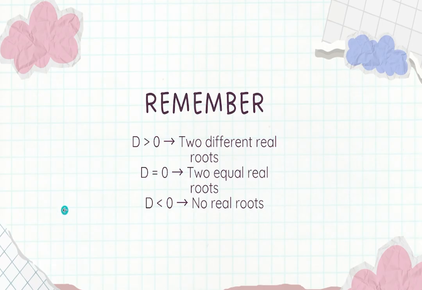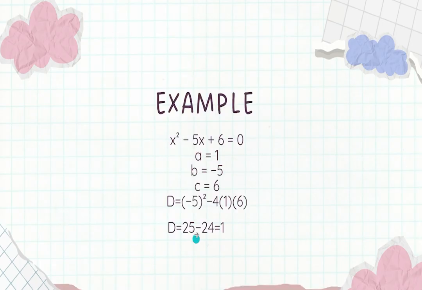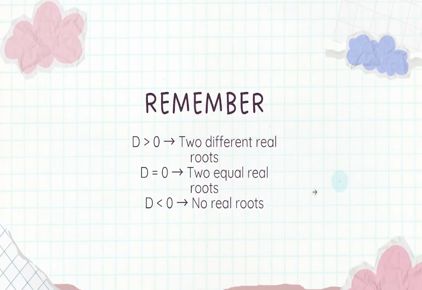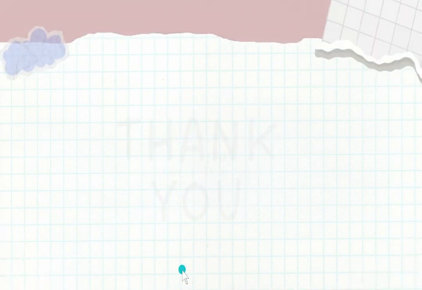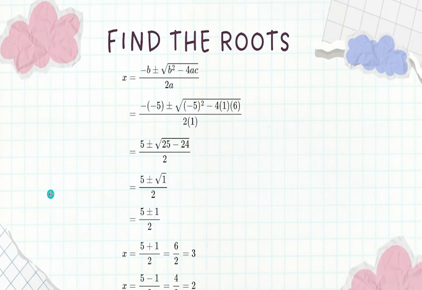And when we did here, we got D is equal to 1. And if we look here, we got that D is equal to 1, meaning that D is greater than 0. So that means that question had two different real roots, which we solved over here and got two different real roots. They both are different.